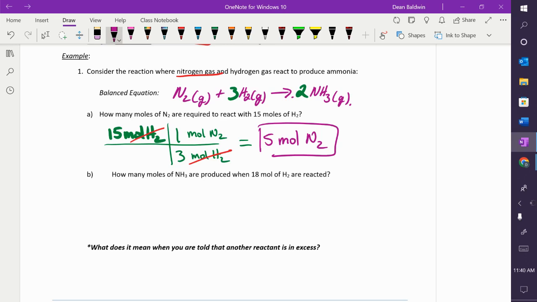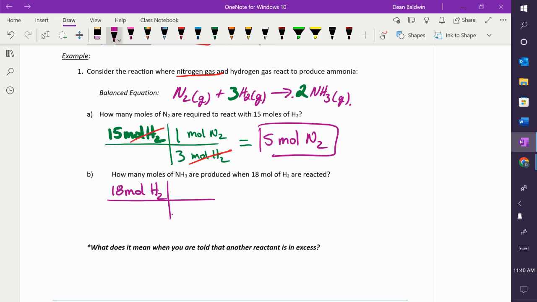All right. How many moles of NH3 are produced when 18 moles of H2 are reacted? So 18 moles of H2 is what you're given. And when I say 18 moles are reacted, like used up, you've used 18 moles. I want to know the number of moles of NH3.